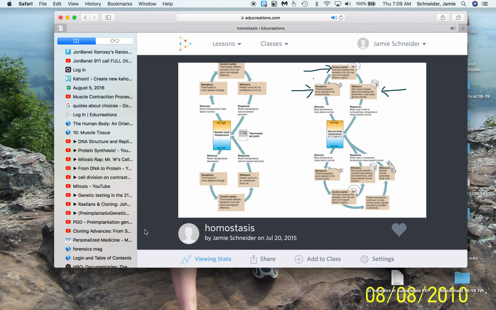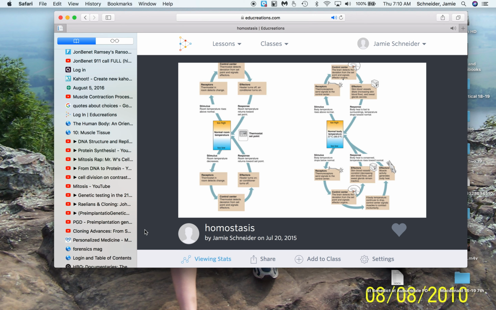These are my receptors, and they constantly send messages to the control center. When my temperature reaches a point that the control center sets as a set point, and I have to bring about a change, I'm going to use the effectors to do this change. Effectors in this case are blood vessels and muscles that make me shiver. That also includes the sweat glands too.